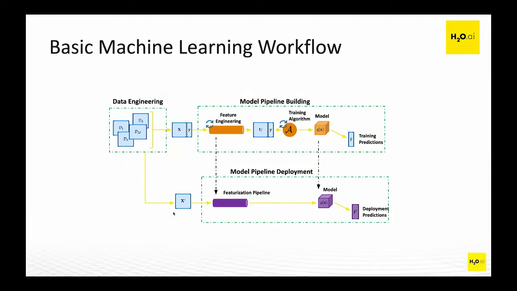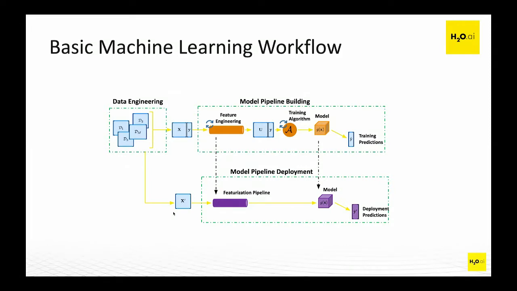Data engineering consists of ingesting data, exploratory data analysis, and data munging, cleaning, just generally data prep. Once you have your data prepped, the next stage over to the right is feature engineering. I won't talk too much about what feature engineering is, but suffice it to say, feature engineering requires yet more data manipulation and transformation.